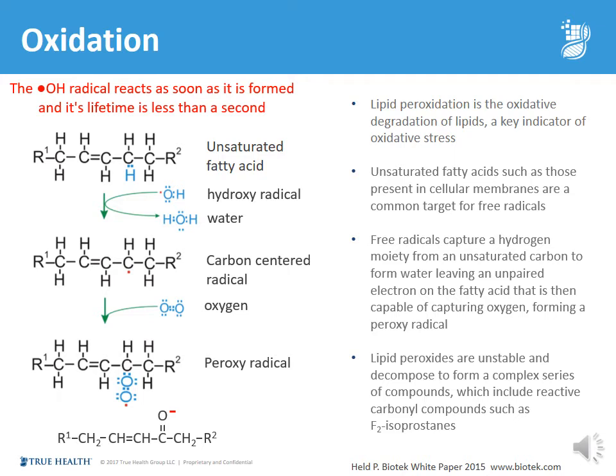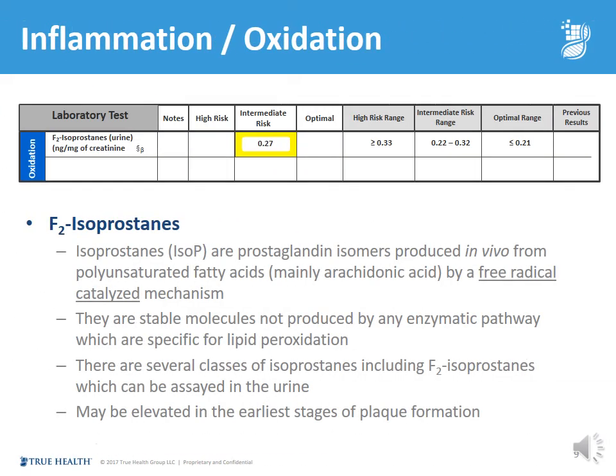Now, these lipid peroxides are rather unstable molecules, and they rapidly degrade into other molecules, one of which is called F2 isoprostanes. Well, F2 isoprostanes are readily assayable in urinary specimens, and they are basically prostaglandin isomers that are formed in vivo from the degradation of oxidized fatty acids, especially arachidonic acid.